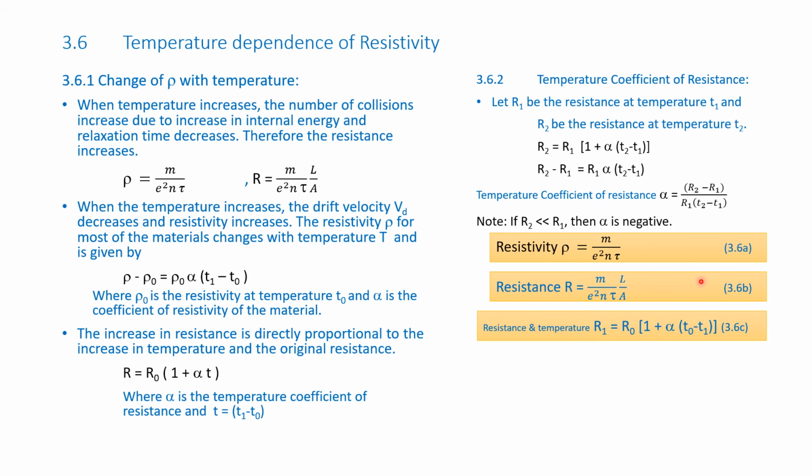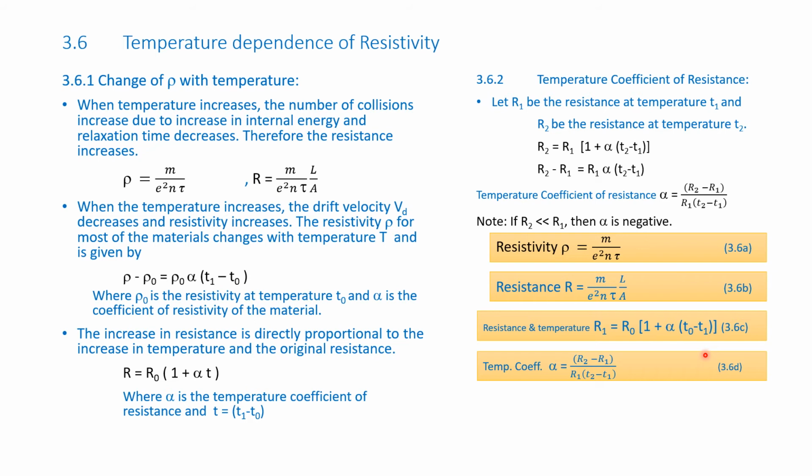Then we will repeat the relationship between resistance and temperature. R1 is equal to R naught into 1 plus alpha into T1 minus T naught, close small bracket and close bigger bracket. This is equation 3.6c.